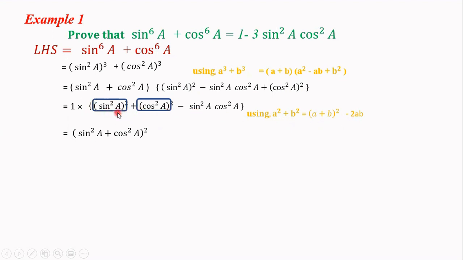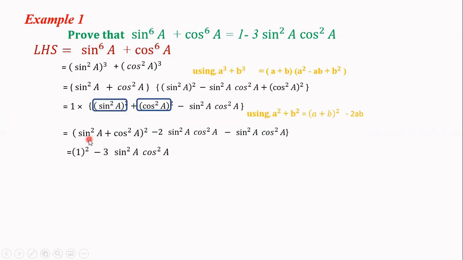So for this portion, a square plus b square, in place of a plus b whole square, we have sin^2 A plus cos^2 A whole square and minus 2 sin^2 A cos^2 A. Now the remaining part, minus sin^2 A cos^2 A, is also copied.